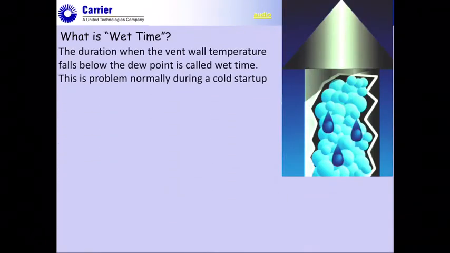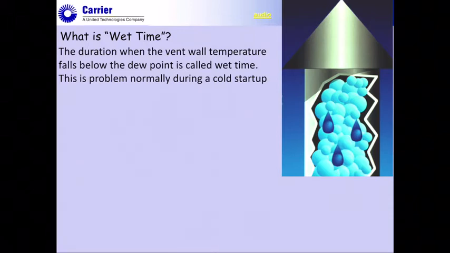So let's take a look at this next thing. What exactly happens with something called wet time? When we have a problem with a system with wet time, what they're referring to is the duration of when your vent wall temperatures will be below that dew point.